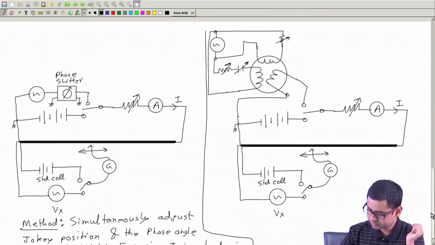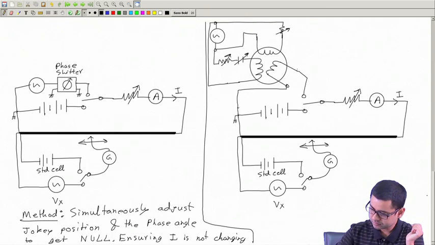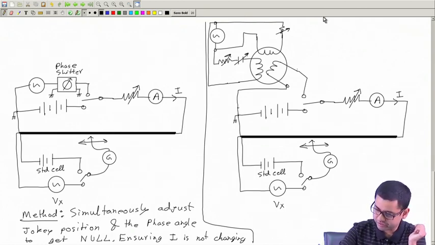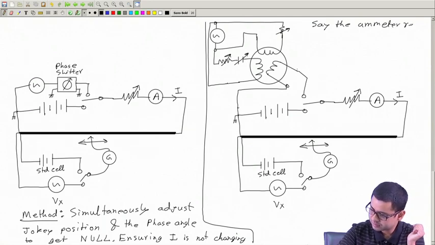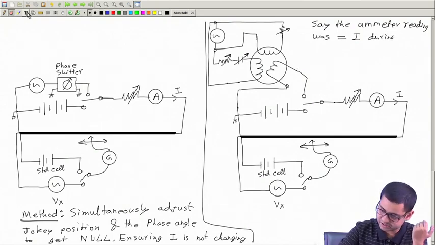Now, what we do after calibration, after standardization, say the reading of this current, the ammeter reading, was equal to I during or after standardization.